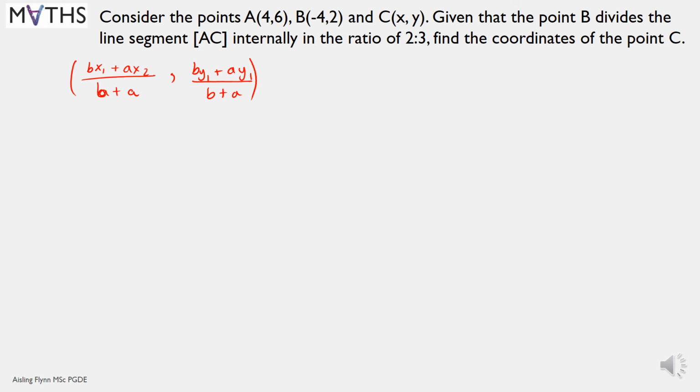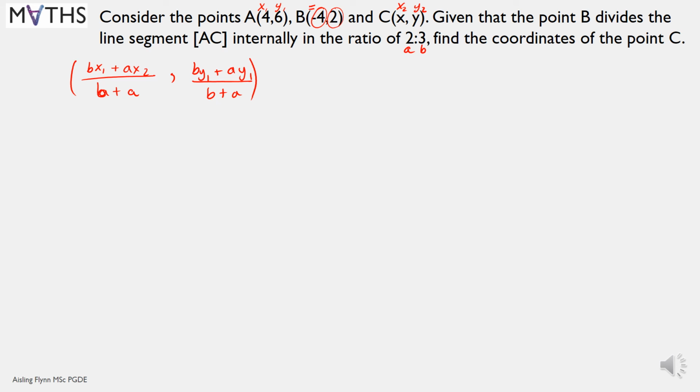Now in this case the end points of the line give you your x1, y1. So A is x1, y1, and C is x2, y2. And the answer will be B, -4 for the x part and 2 for the y part. And my a is 2 and my b is 3.